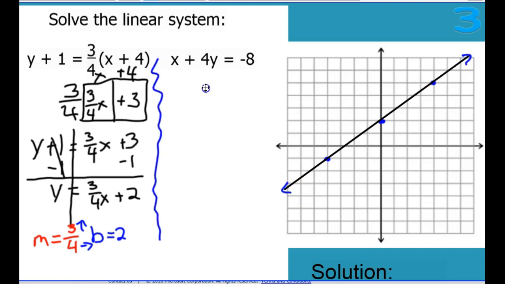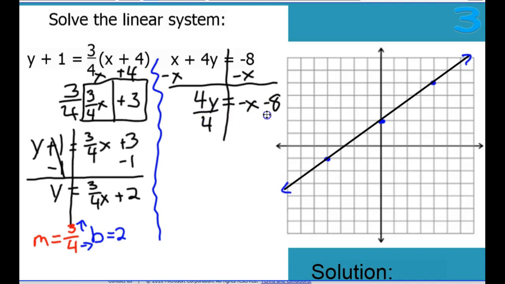This one, we have to solve for y. We have to get y by itself. So the first thing we have to do is subtract x to get x to the other side. So then what we're left with is 4y equals negative x minus 8. Now we need to divide by 4 to get y by itself.